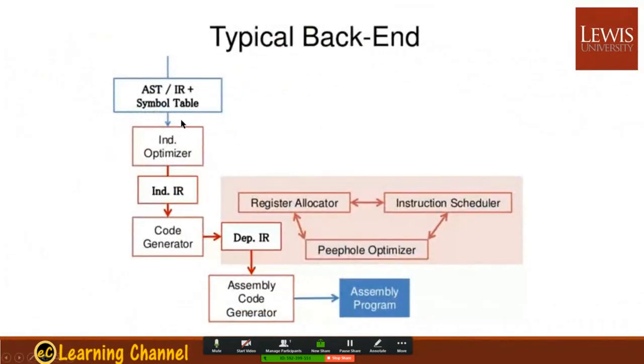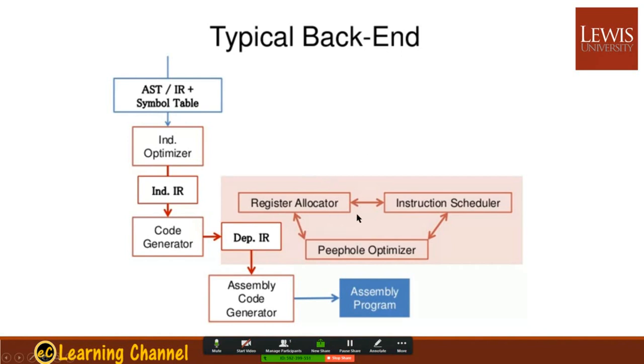The backend takes the symbol table and registers, optimizes, and then generates. This part is machine independent instruction generation and register allocation, and this part is machine dependent. So here may be an intermediate code, and here is the final native code for the machine.